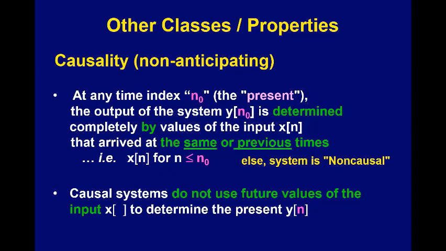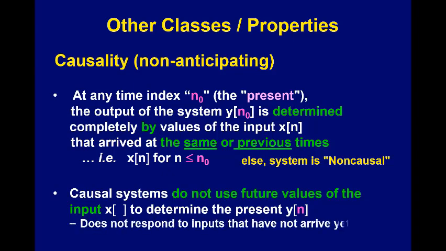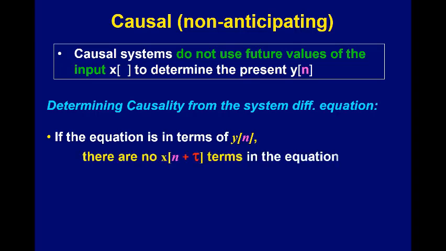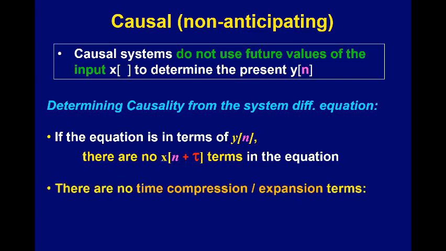So that means in my difference equation, we don't have any x of n plus things, such as x of n plus 1 or x of n plus 5, when describing my output y of n, because that means future information that hasn't arrived yet.